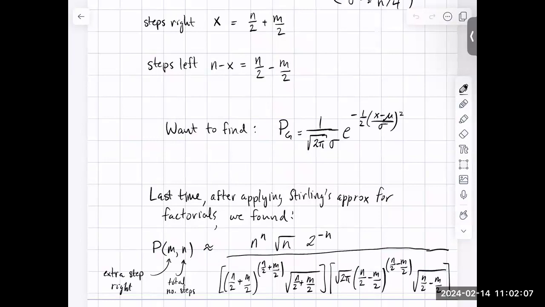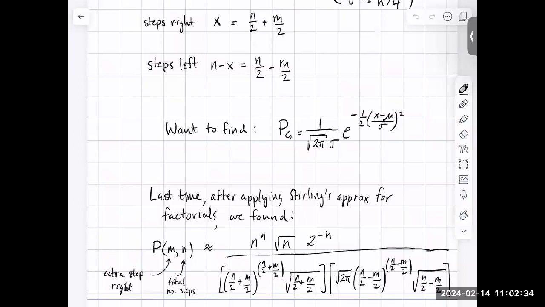So we had written down this binomial distribution. We did one cancellation, and this is where we were left. In order to get here, remember, notice there are no factorials in this expression, and the binomial distribution is full of factorials. So we ended up using Stirling's approximation for factorials of large numbers.